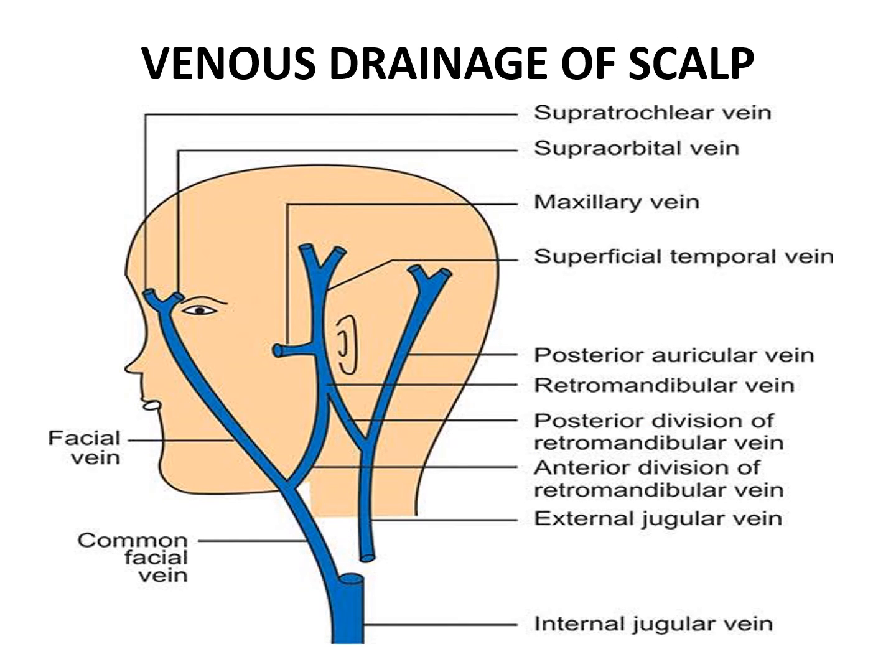Having discussed the blood supply, we now move on to the venous drainage of the scalp. The supratrochlear vein and the supraorbital vein, near the medial angle of the eye, join to form the angular vein. The angular vein continues over the face as the facial vein.